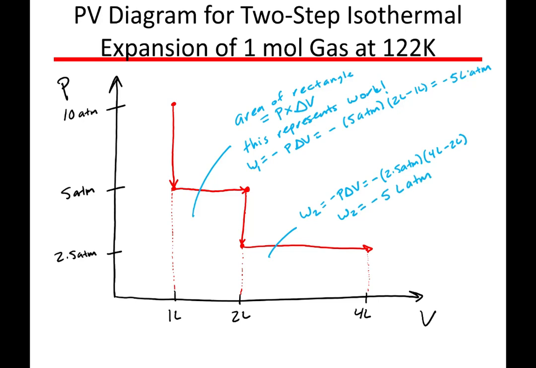Now, how could we calculate the total work for the process? That's found by adding the work for the two steps. So work 1 plus work 2, negative 5 L atm plus negative 5 L atm comes out to negative 10 L atm. And it's rare for us to represent energy in units of liters atmospheres, so we can convert this into joules if we want by saying that 101.3 joules is 1 L atm.